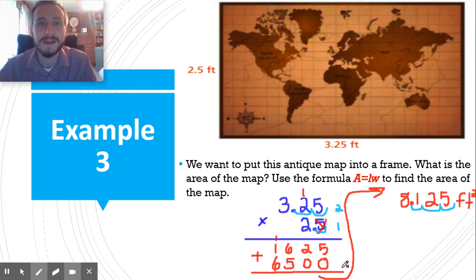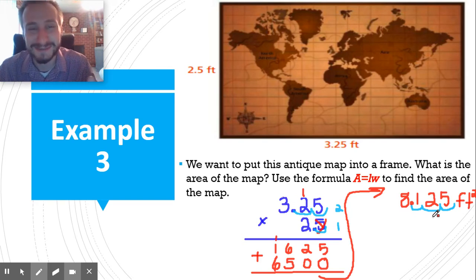Okay? So just to recap, what you do when you're multiplying with decimals, you put the number with the most digits on top, then you put the other one below it. You don't need to line up your decimals. Multiply like normal. And for your final answer, the spot where you place your decimal is you count the place values of the decimals in your factors.